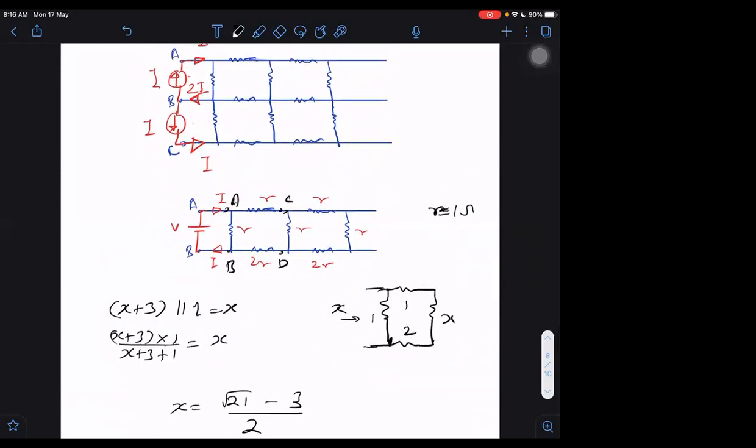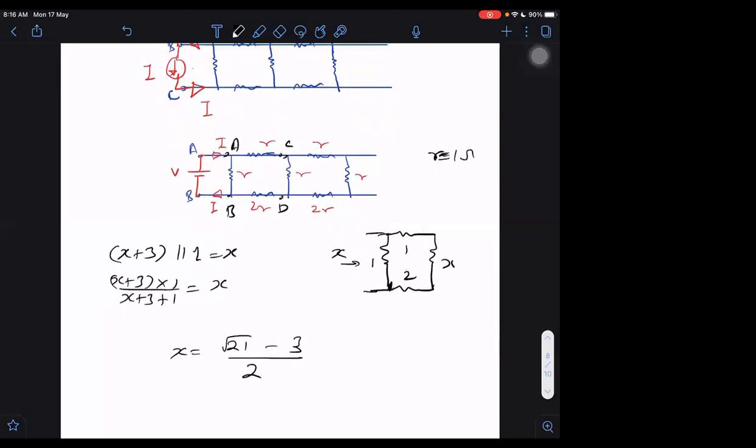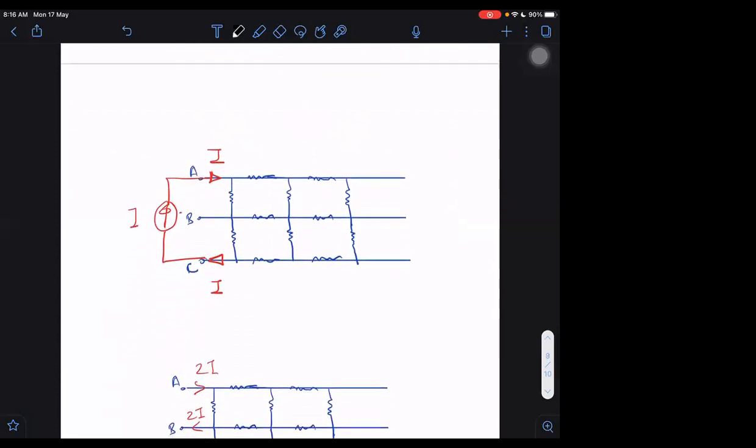Now, voltage we can get if I is given, or if V is given, we can get I. Next, this part.